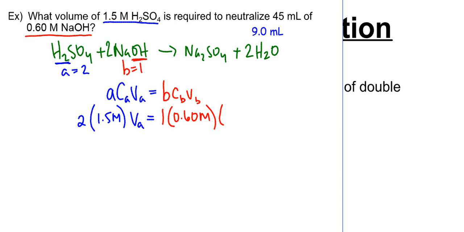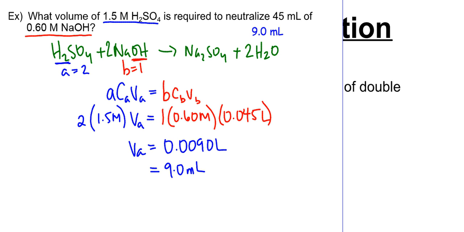And my volume of the base is 45 mL. Again, make sure you change it to liters whenever you're doing this. I rearrange my formula and I get my answer that VA is actually 0.0090 liters. When I round that, I changed it into milliliters, so 9.0 milliliters with 2 significant digits.